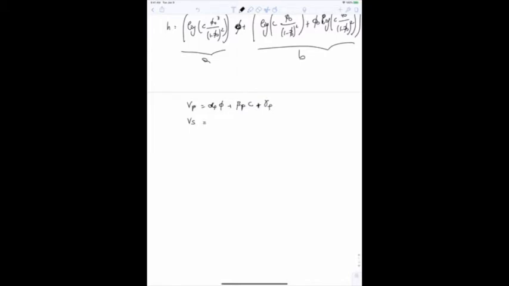Otherwise, this model is not physical. And then we get something similar here. So we write this model here as Vp minus gamma p, Vs minus gamma s, equal to the matrix of coefficients alpha p, beta p, alpha s, beta s, times porosity and clay content, and then we have some error epsilon.